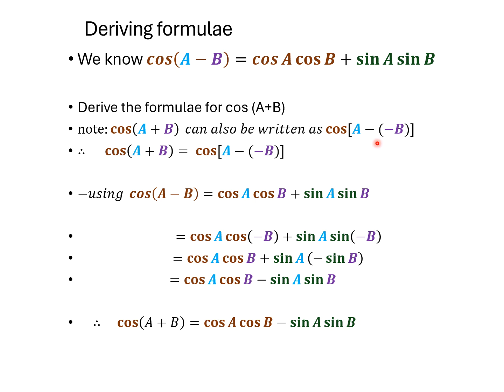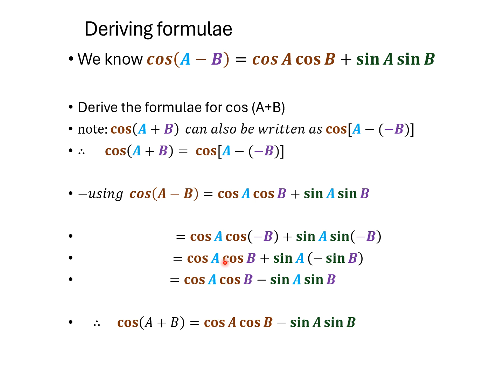Remember, negative times negative still gives me the positive. Using the formula above, we can expand this, so that would read cos A cos negative B plus sin A times sin negative B.